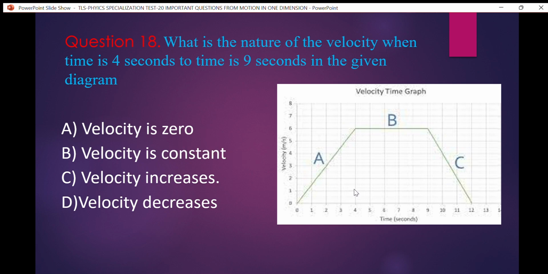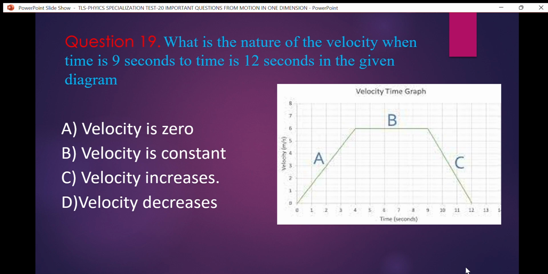Of course, from 4 to 9, the velocity remains constant at 6 meter per second. Throughout the motion? No, only from time equal to 4 to time equal to 9 seconds. And does velocity increase? No, there is no increase or decrease in velocity. So the correct option is option B, velocity is constant.